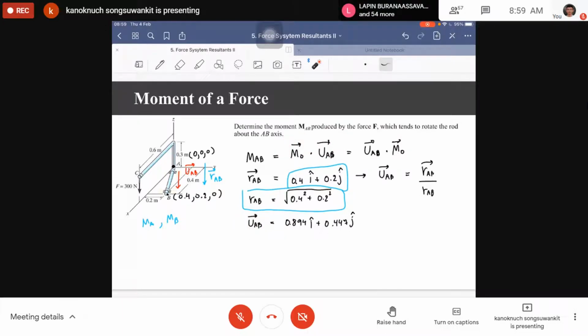For this MO, you can decide that you want to use point A as a rotation point or point B as a rotation point, because if you change the rotation point, the position vector will be different. For example, if you choose A as the rotation point, point O, you can use the position vector AC or AX like this.